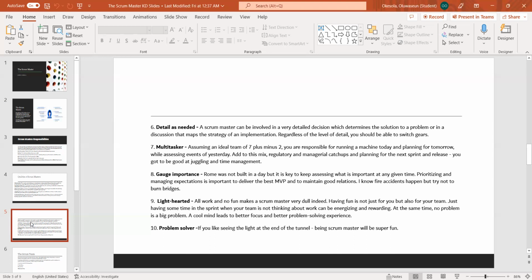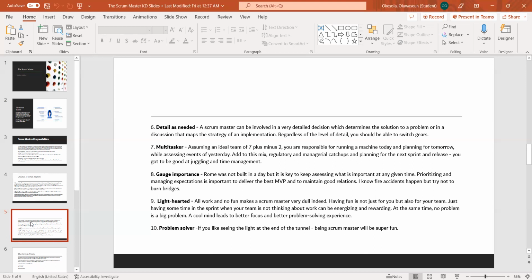Gauge importance. Rome was not built in a day, but it's key to keep assessing what is important at any given time. Prioritizing and managing expectations is important to deliver the best MVP and to maintain good relations. Right. Lighthearted. All work and no fun makes a Scrum Master very dull indeed. It might be a daunting task being a Scrum Master, handling multiple situations at the same time, putting in different things to ensure that the teams are working well. But the truth is this, as a Scrum Master, you need to have fun while at it, right?